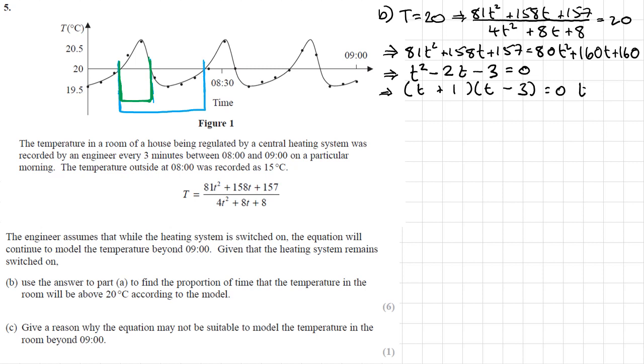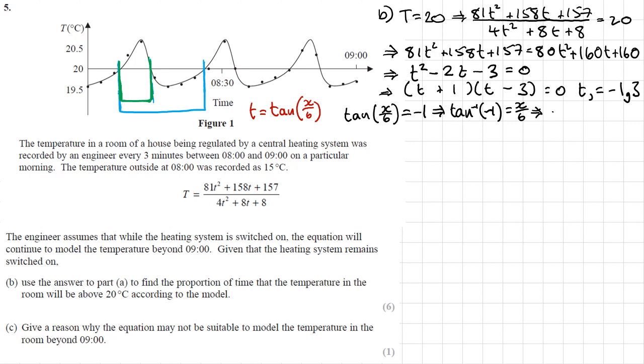So my values of t are negative 1 and 3. Now t is equal to tan(x over 6). So we have tan(x over 6) is equal to negative 1. So that will mean that the tan inverse of negative 1 is equal to x over 6.